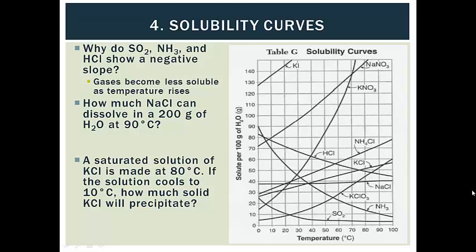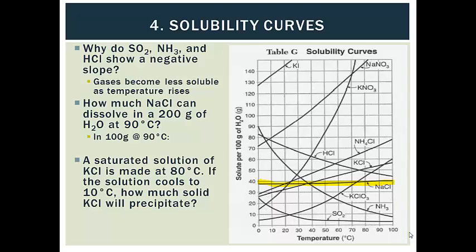How much NaCl can dissolve in a 200 gram sample of H2O at 90 degrees Celsius? First thing we've got to figure out is if we have 100 grams, how much can we dissolve? So let's go ahead and find the NaCl curve. Here it is. And I recommend on your test, just like I'm doing here, that you highlight. You don't want to get a question wrong simply because you're looking at the wrong line.